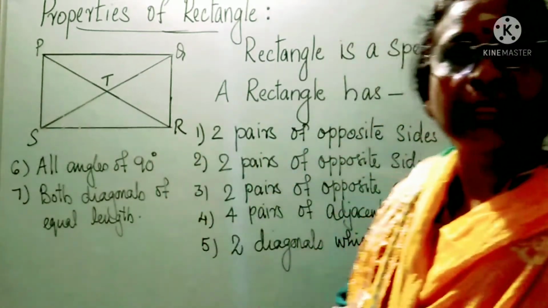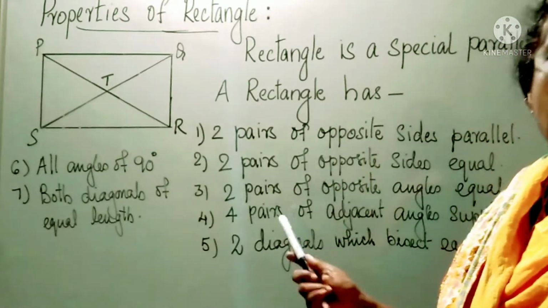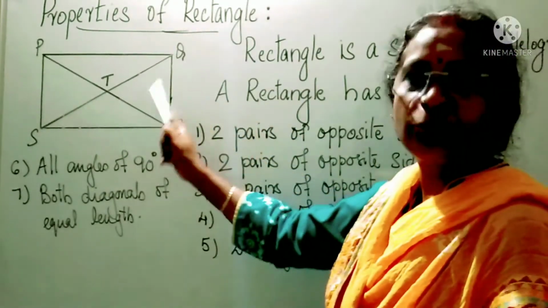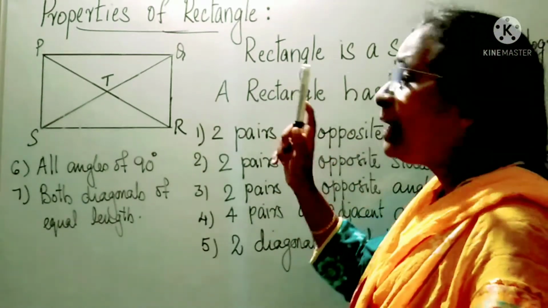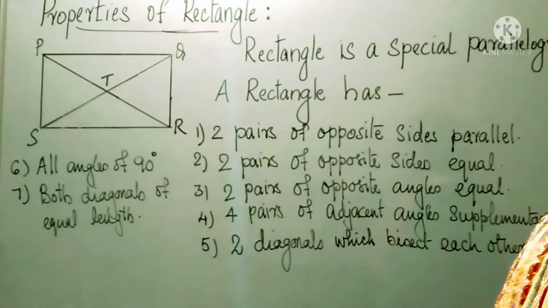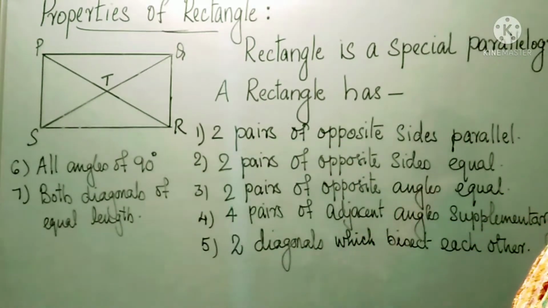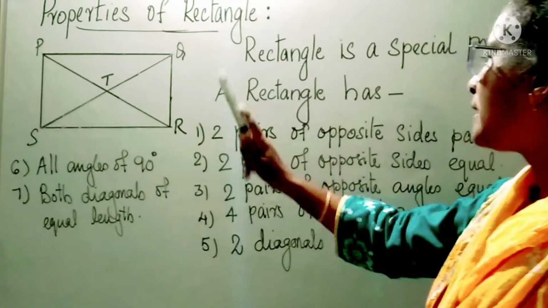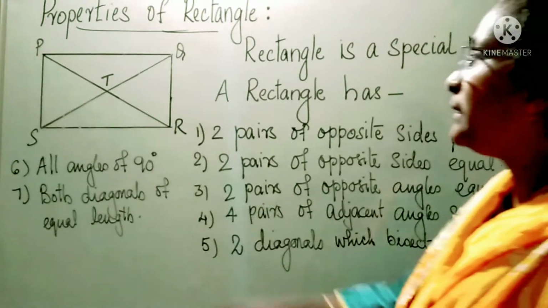Okay. Now let us see the properties of parallelogram which are applicable to the rectangle. Now rectangle is called a parallelogram because of all these properties. Which are the properties? A rectangle has two pairs of opposite sides parallel.